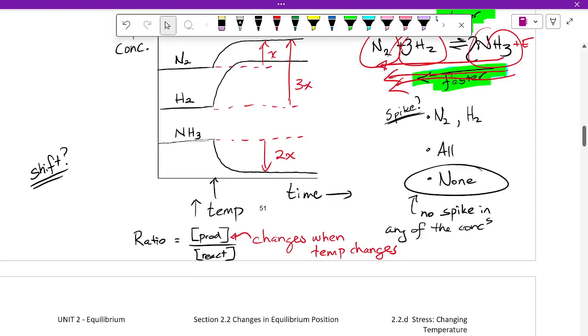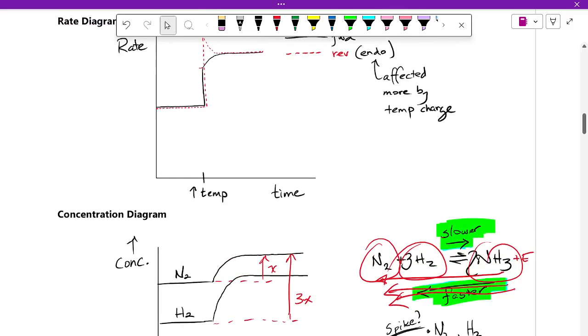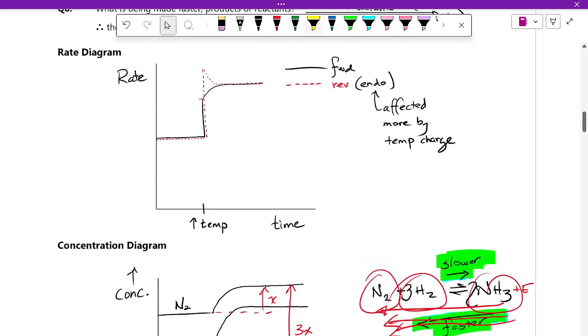Because the stress was, the spike signifies the stress, yes? The stress was temperature. The spike is here. So it only changes the rates. It does not change the concentrations.